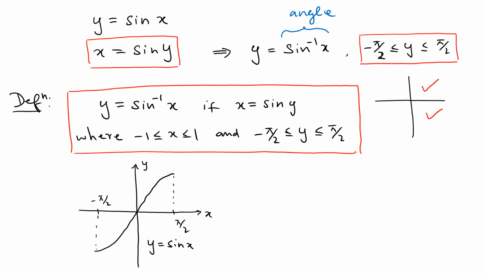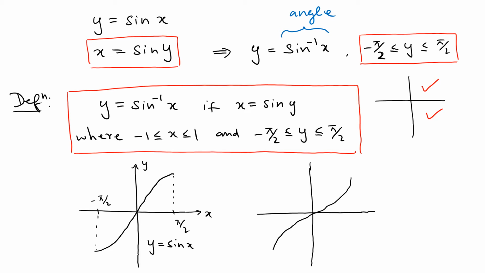So if you graph sine inverse x, what happens? You just reflect the two axes, x and y. Once you do that, we end up getting a sine inverse function like that. You can see it's going to go like that and like this.